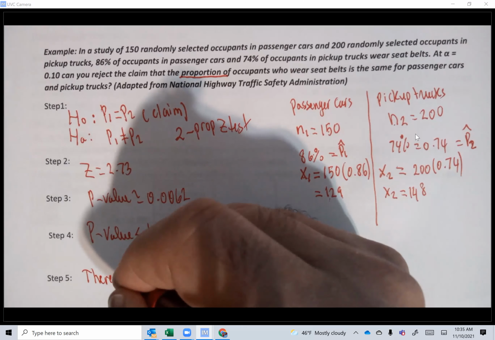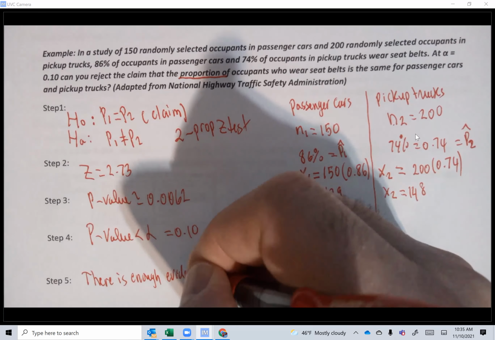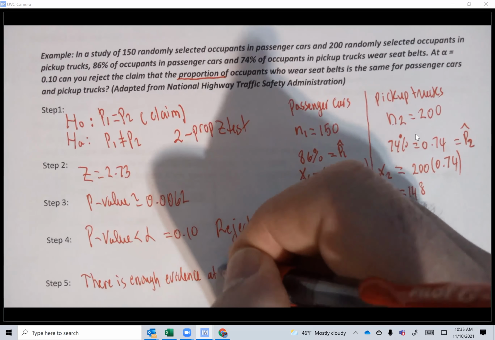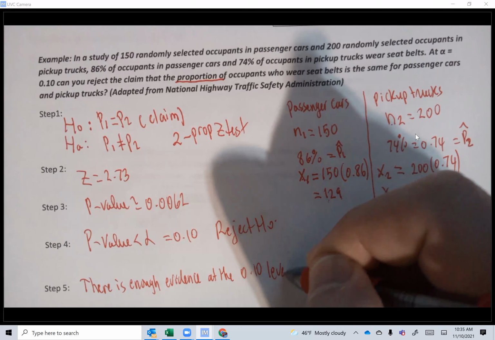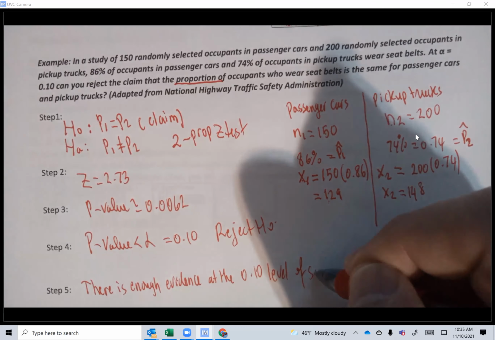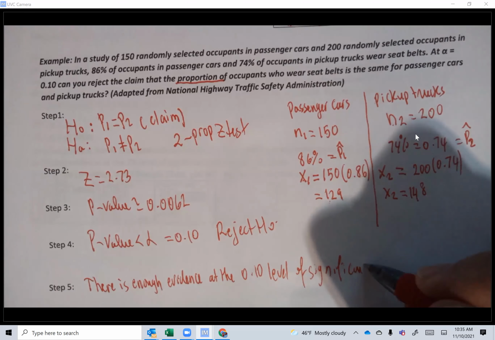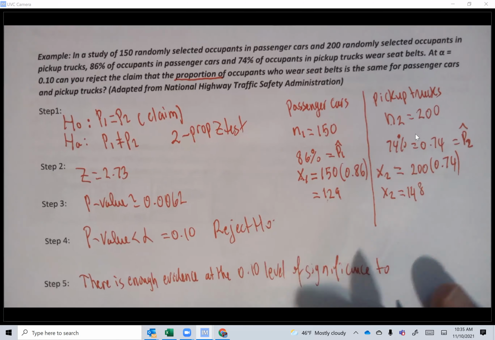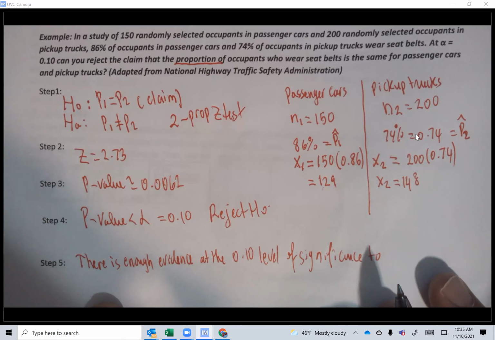There is enough evidence at a 0.10 level of significance to, who can tell me what's a word here? We have enough evidence to what?